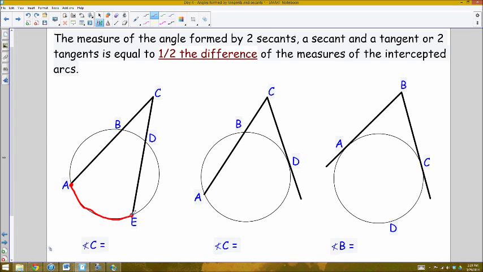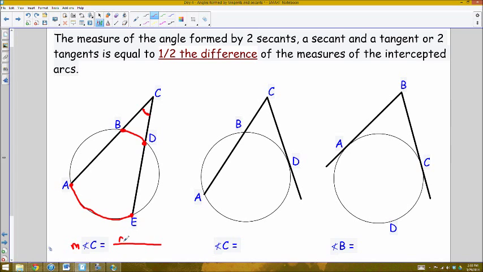They'll intercept arc AE, which is the larger of the two, and they'll intercept arc BD. So if I'm looking for the measure of angle C, the angle formed at the intersection of these two secants, that measure is equal to 1/2 the difference, or the difference of the two arcs divided by 2.